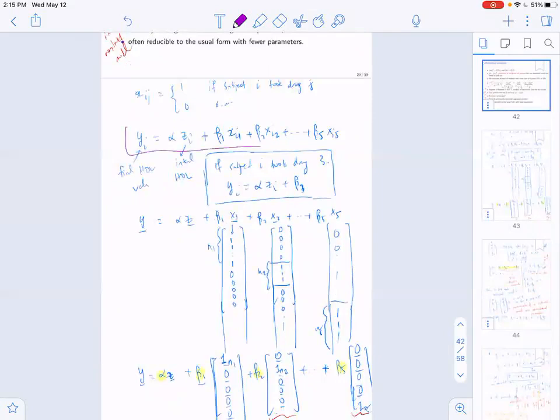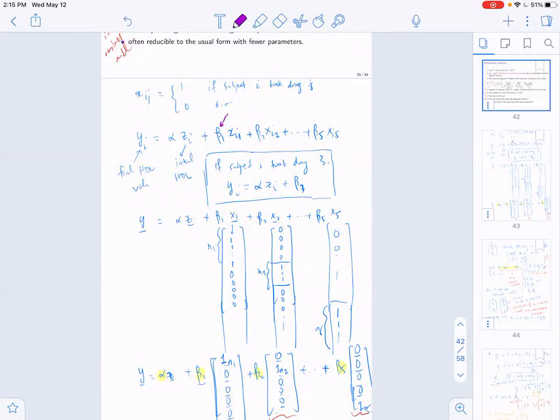When you write down the model like this, for every subject, only one of these is equal to 1, and this means that the coefficient can be interpreted as the effect of that particular drug.